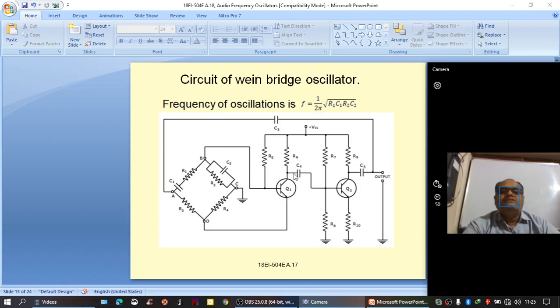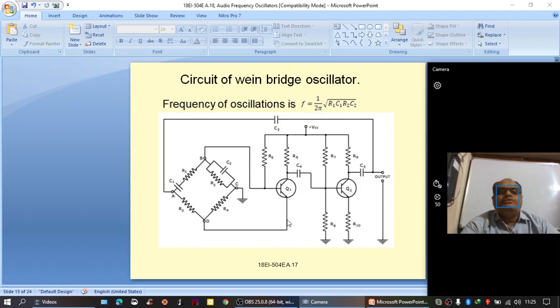When the transistor starts conducting, then the capacitor C4 charges, and initially this transistor would conduct, and as the capacitor fully charges, this transistor gets reverse biased and would turn off. Then what happens here? The output voltage becomes low. When the output voltage becomes low, now the capacitor starts discharging in the opposite direction.